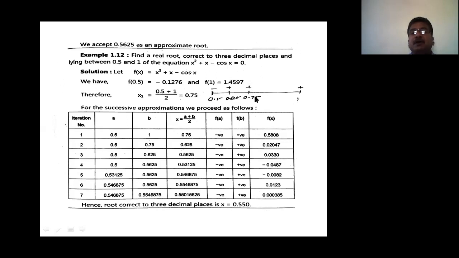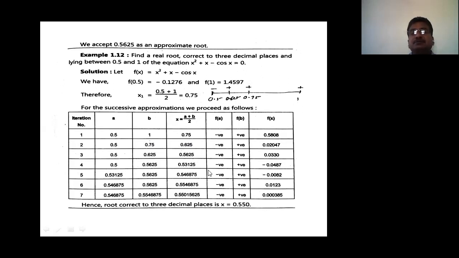Therefore, 0.5 and 0.75 become A and B, and the next approximation is what? 0.5 plus 0.75 divided by 2. That is this answer, 0.625.